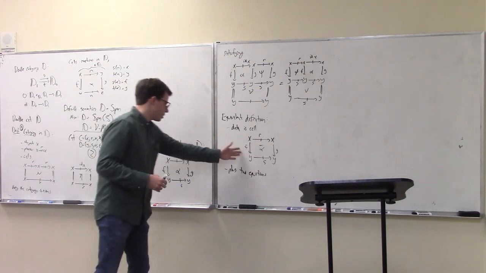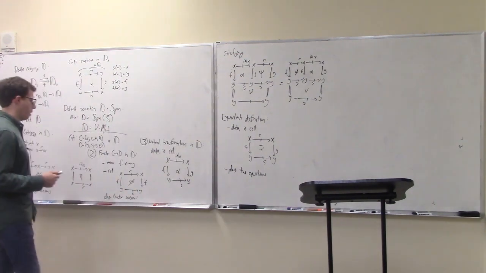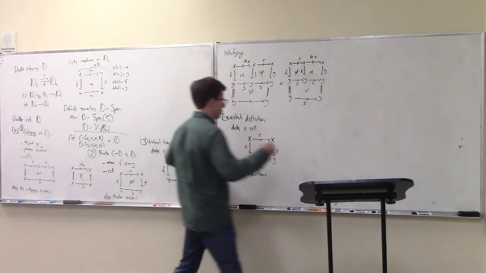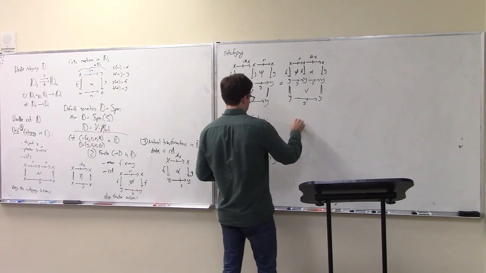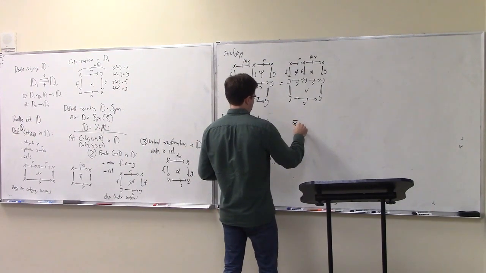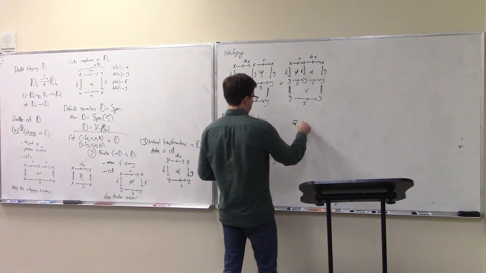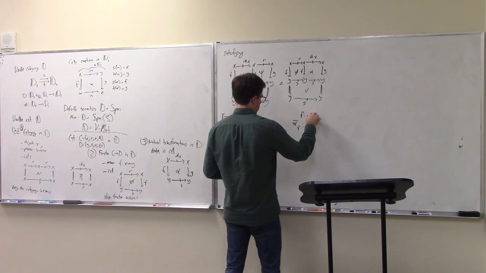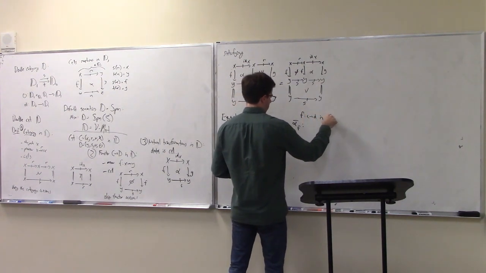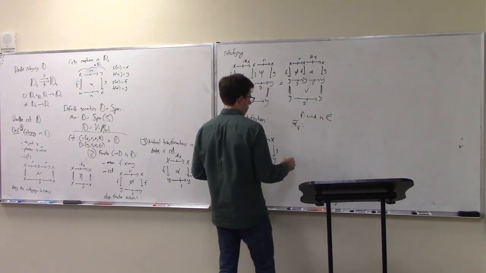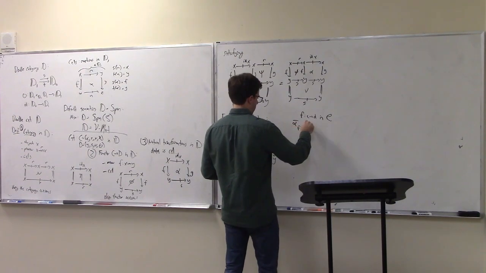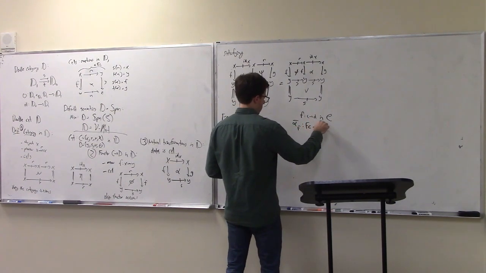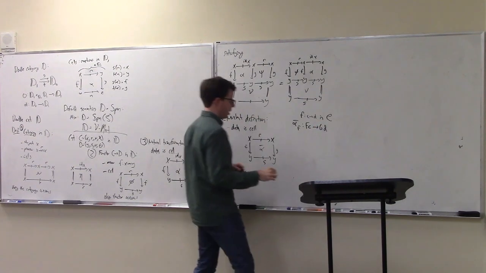So if you cash this out in Span, it's going to say that a natural transformation is, for every f: c to d in C, I get a map from f c to g d.